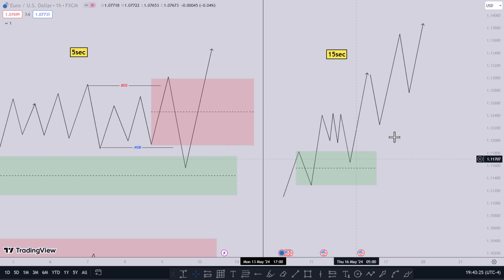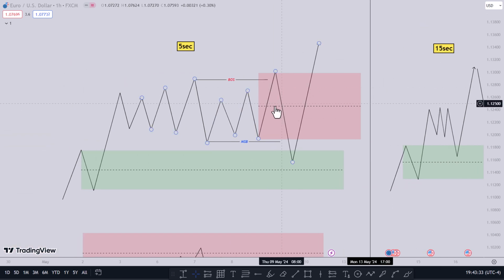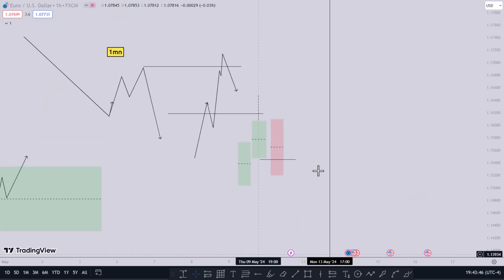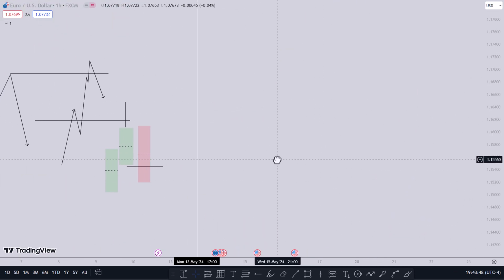Of course, it's not going to be like this. This is a bullish example, but for a bearish example, we need a bearish trend on the 15-second like this, and we're going to look for this pattern on the 5-second. Right, so we are basically selling fake breaks of structure, fake market structure breaks, right? So in this example, it's going to be like this.